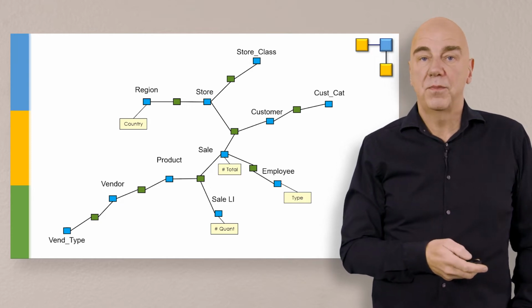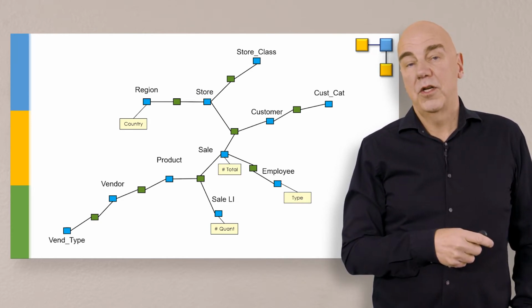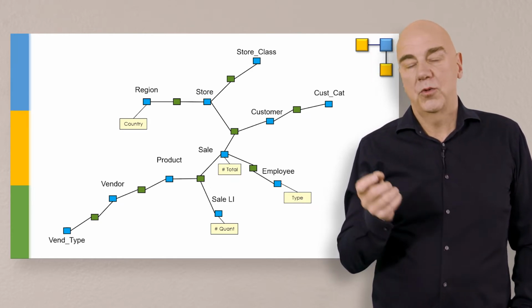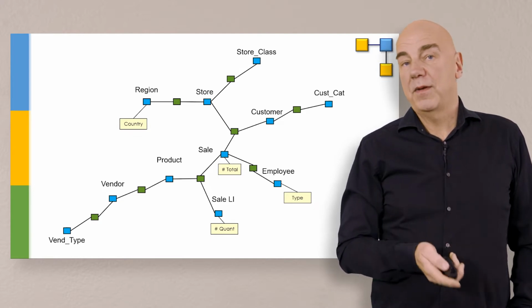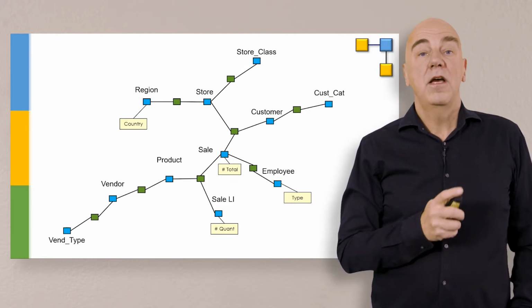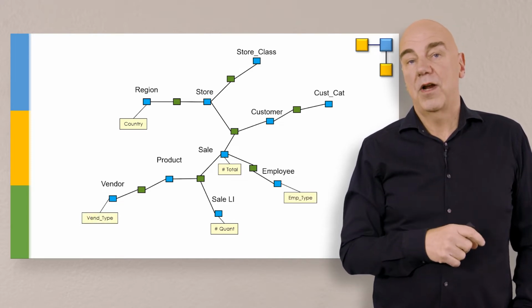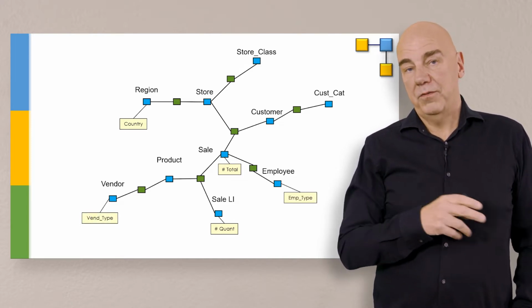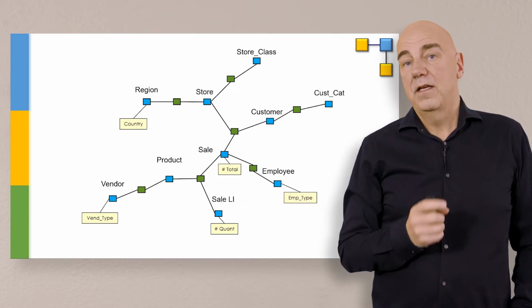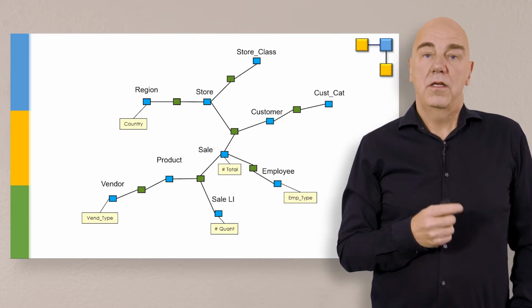The vendor type might just be, are they international or local, whatever. This is just describing vendor. So again, I can take that hub away and just move that into context describing vendor. Now, if I make my way across the model again, customer and customer category.